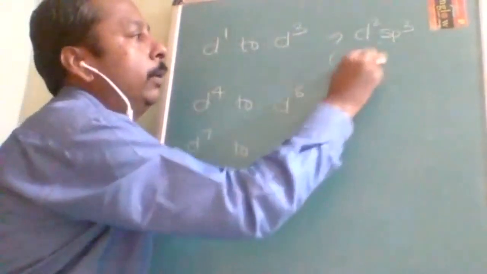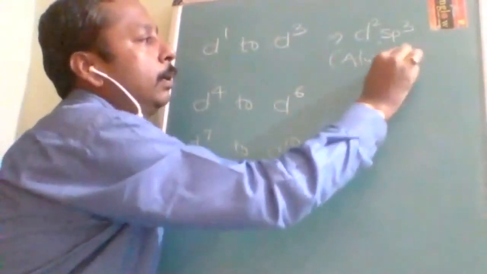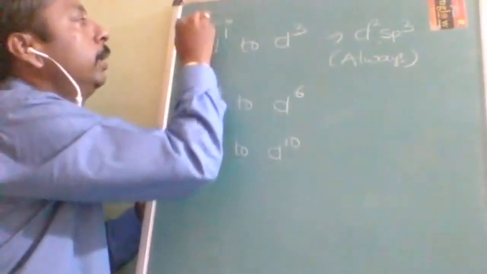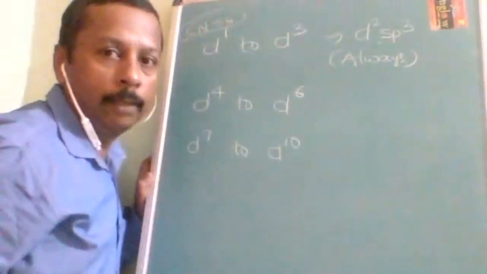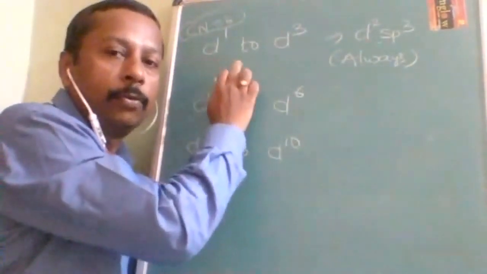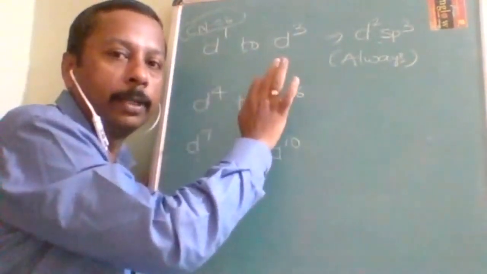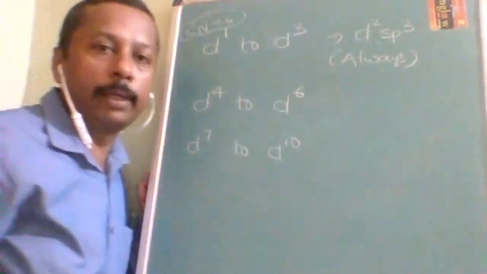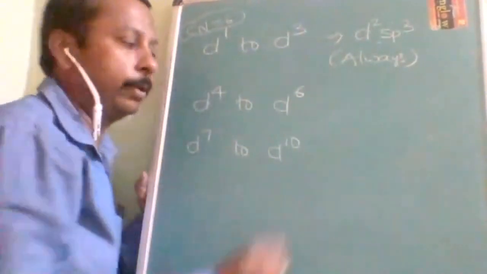I am talking about when the coordination number is 6. When the coordination number is 6 and the configuration is 3d1, 3d2 or 3d3, no problem at all. It is d2sp3 always, irrespective of whether the ligand is weak field or strong field.